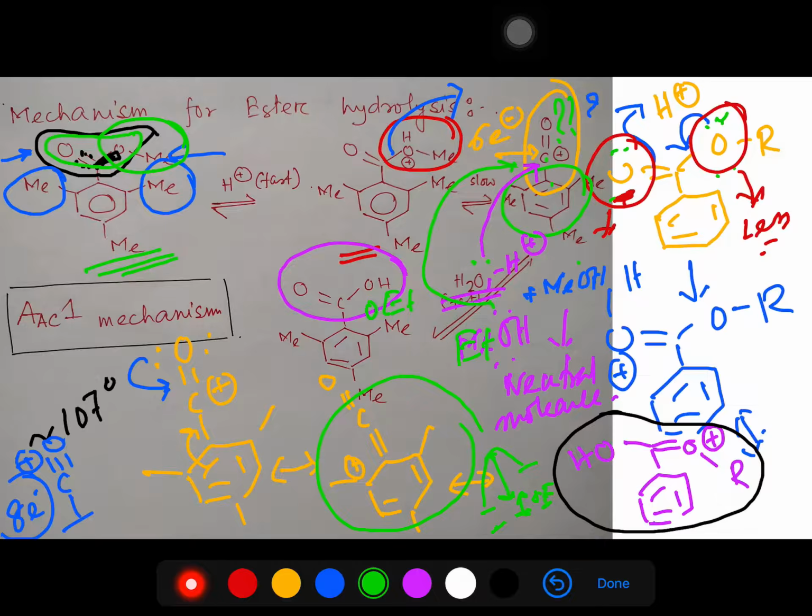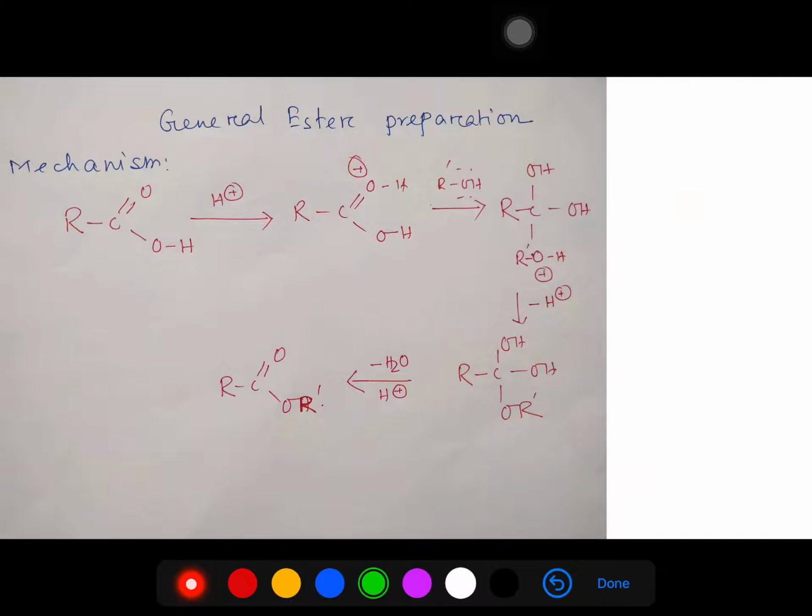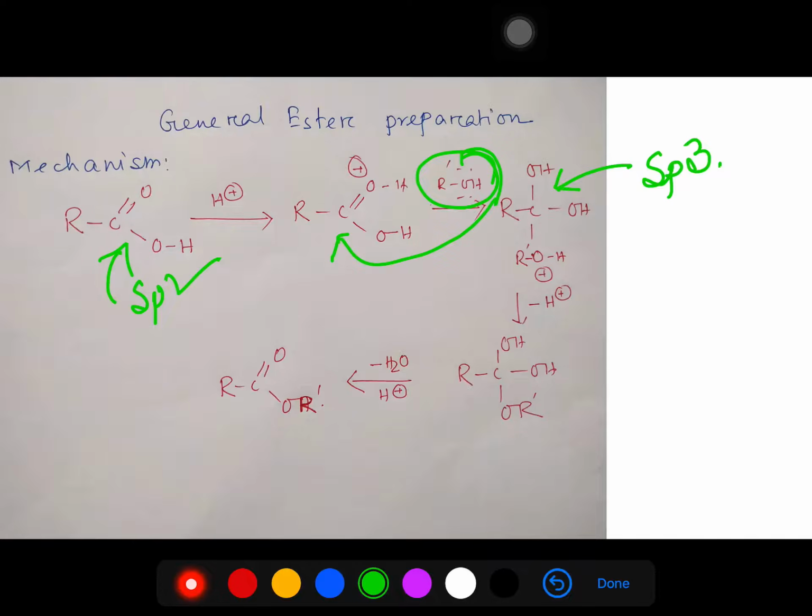Okay, so fine. Now let's discuss another thing, that is the general ester preparation mechanism. You will understand in the next slide why I am discussing it. See, in case of a general ester, what happens? First protonation occurs, second the nucleophile attacks, as I told previously. Actually this is an sp2 carbon. So after nucleophilic attack by this, what does it produce? An sp3 carbon center, and through elimination it again produces an sp2 center.